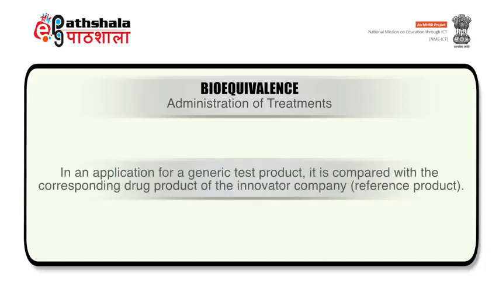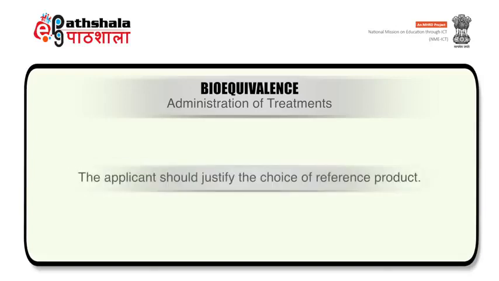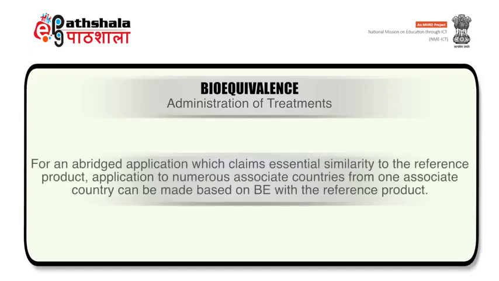In an application for a generic test product, it is compared with the corresponding drug product of the innovator company. The applicant should justify the choice of the reference product. For an A-bridge application which claims essential similarity to the reference product, application to numerous associate countries from one associate country can be made based on the bioequivalence with the reference product.